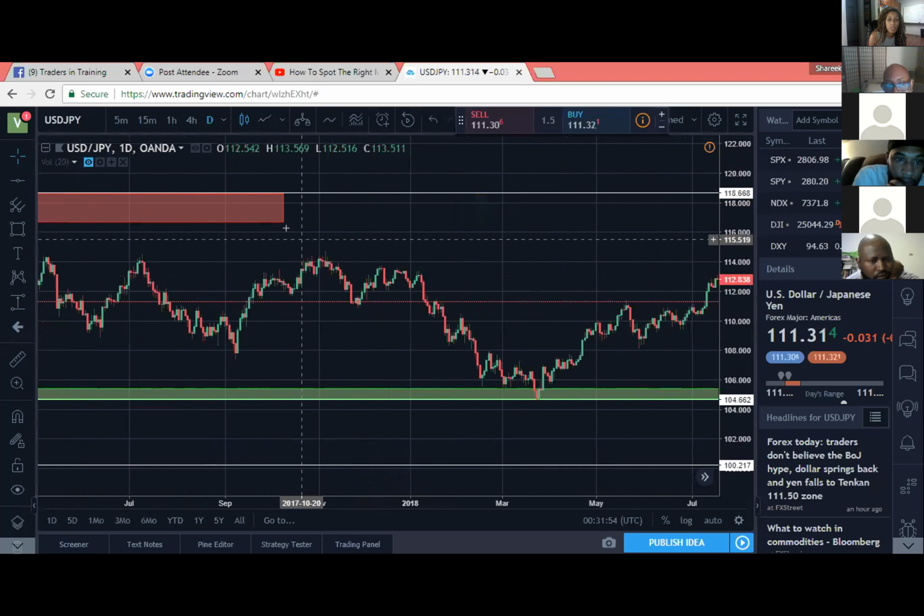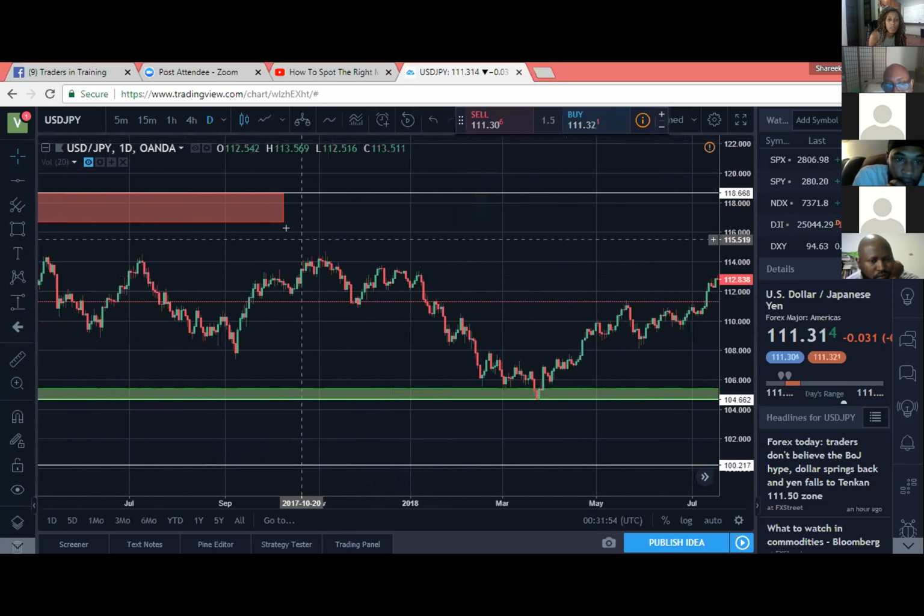Rectangle. All right. Yes, it's coming up there a little bit. And then next you want to look for your support and resistance lines within the supply and demand zone.